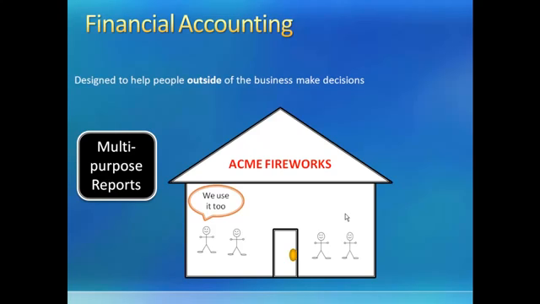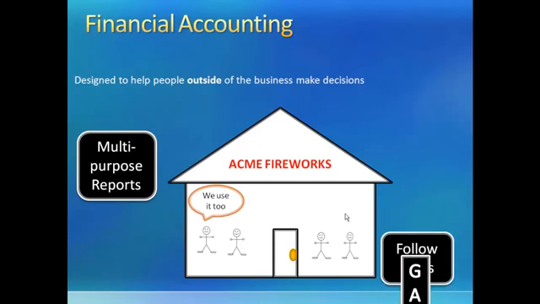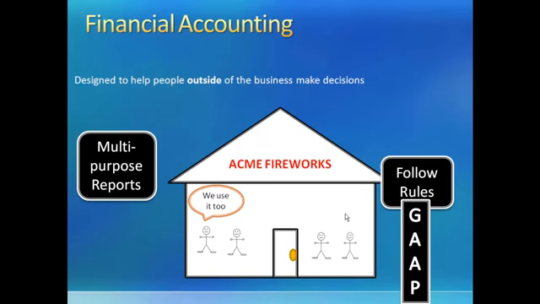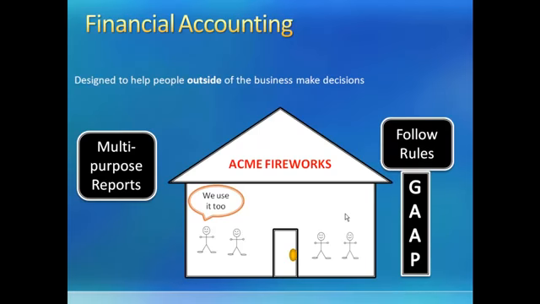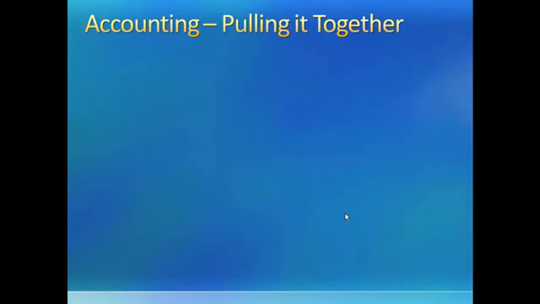Unlike managerial accounting, which is customized to meet the needs of the users, financial accounting is multi-purpose. Unlike managerial accounting, which has no rules, financial accounting has rules to follow. In the United States, the rules that we follow are referred to as GAAP. GAAP stands for Generally Accepted Accounting Principles.